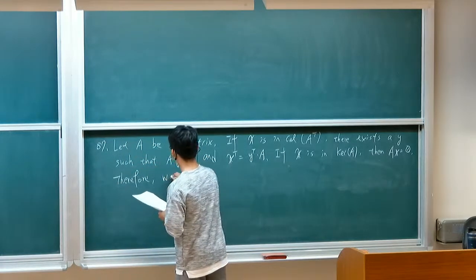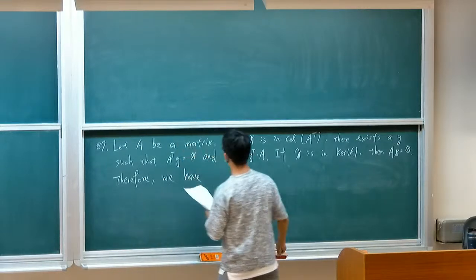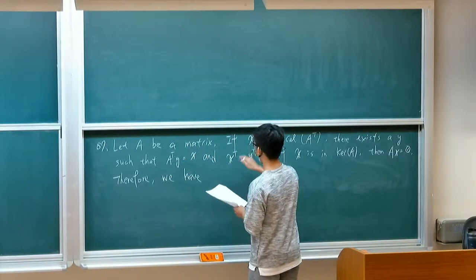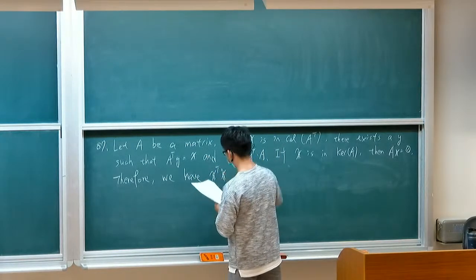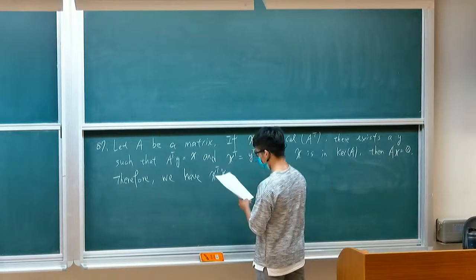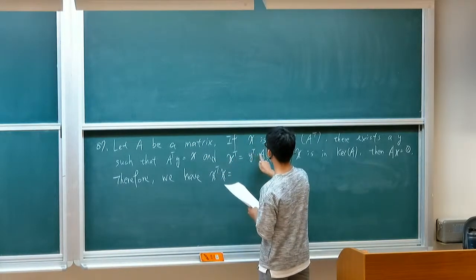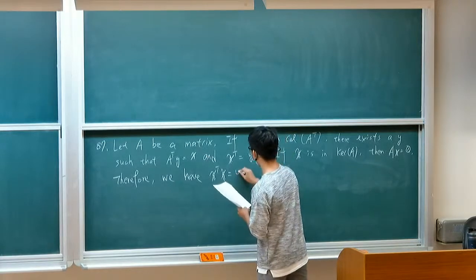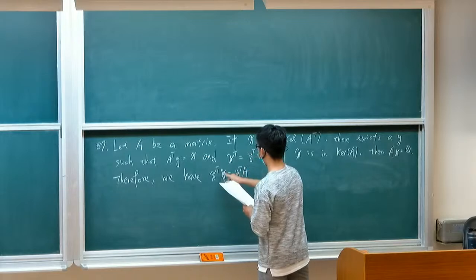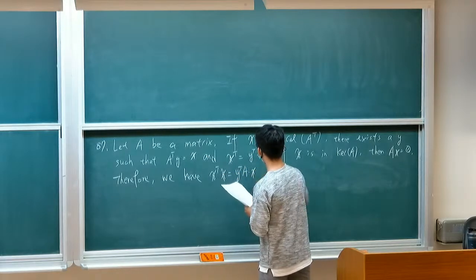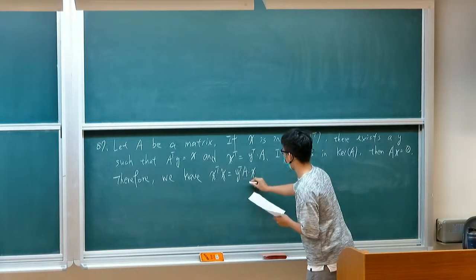Therefore, if we multiply X transpose by X, and X transpose is equal to Y transpose times A, times X. Since X is in the kernel of A, this is 0.